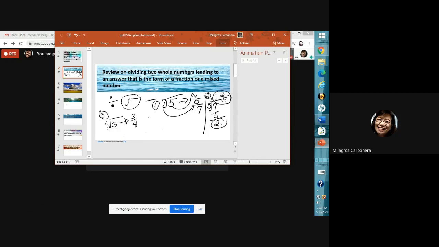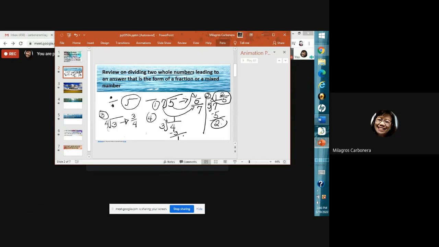Now, this is example number 4. I will take the reverse. 4 divided by 3. Can I get a group of 3 in a 4? Yes. How many? There is one group of 3 in a 4. If I multiply, I get 3, and if I subtract, there is an extra of 1.